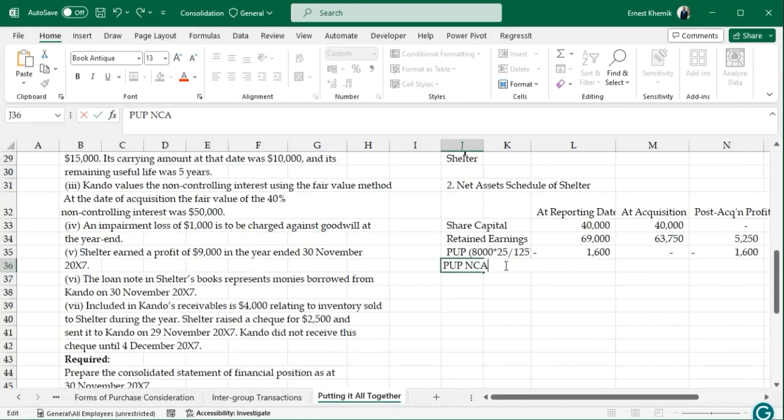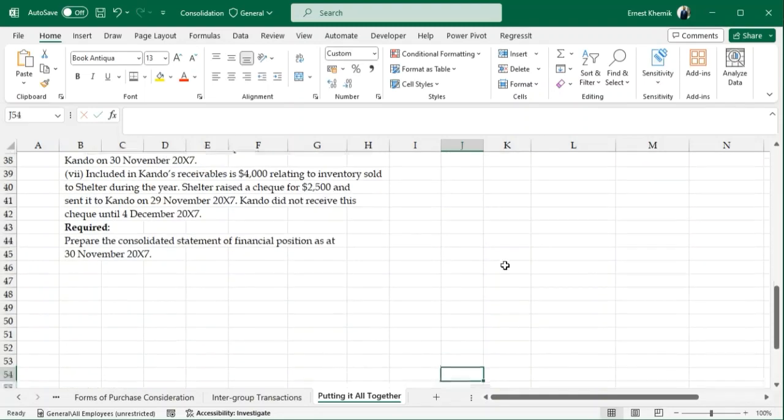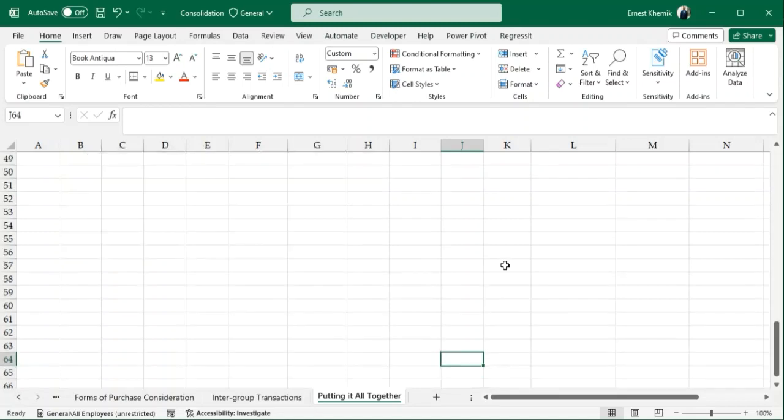What happens is that we use a nice schedule to do it. So let me quickly come down here and do a nice working 6, and I'll name it PUP on NCA. And then what we do is that we assume the non-current assets as transferred.